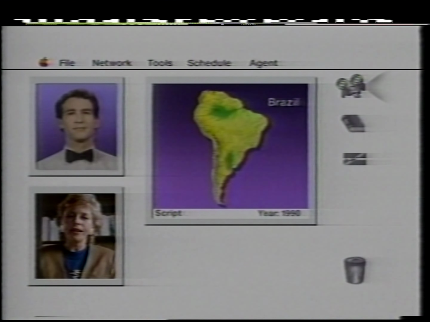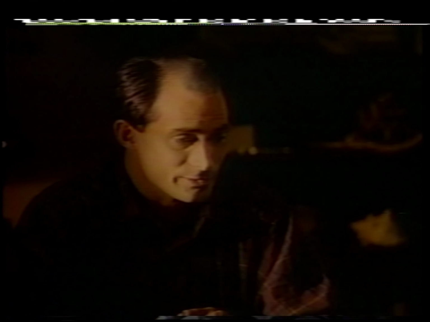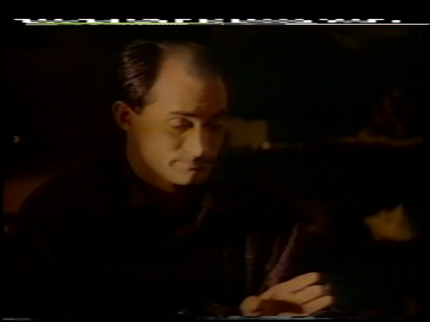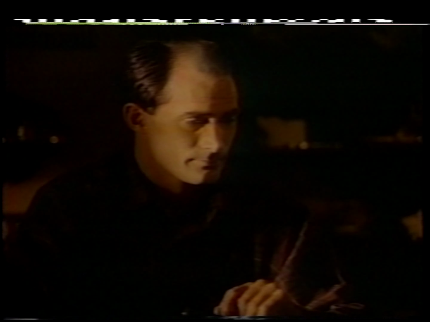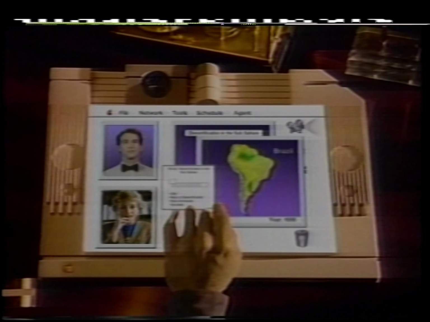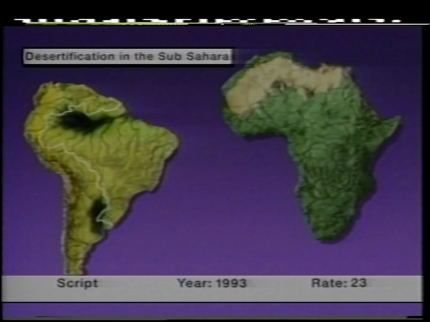You know, I have a simulation that shows the spread of the Sahara over the last 20 years. Here, let me show you. Nice. Very nice. I've got some maps of the Amazon area during the same time. Let's put these together. Great.